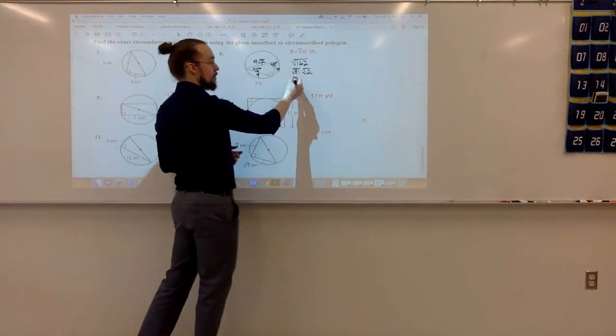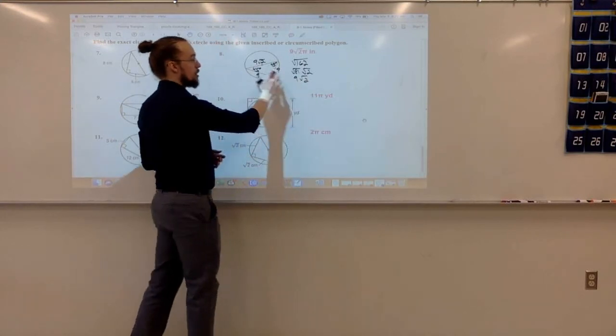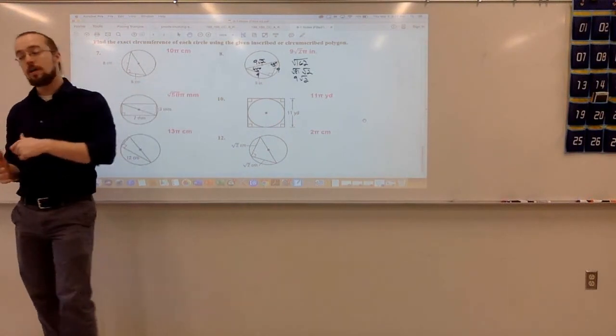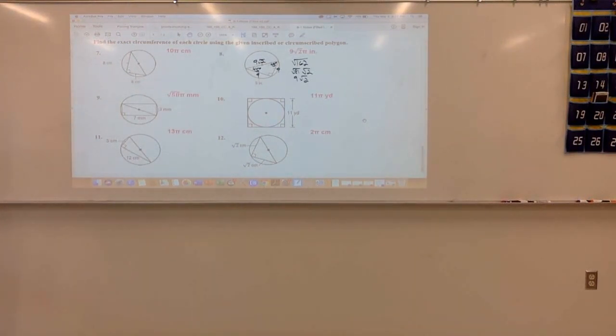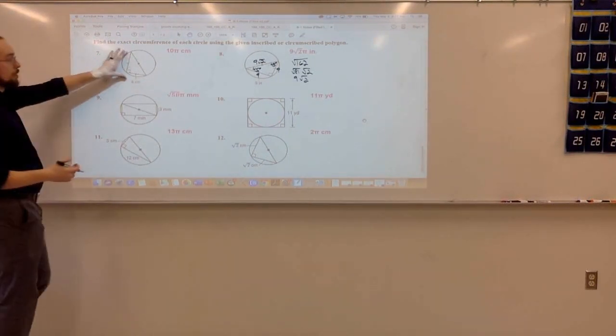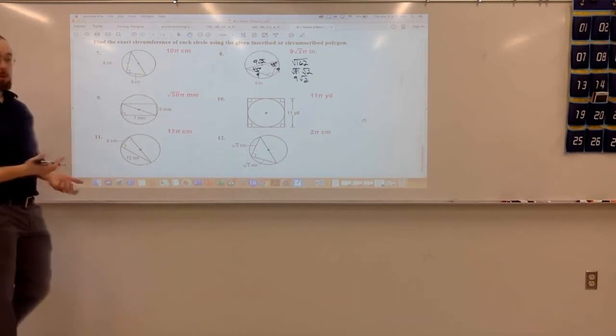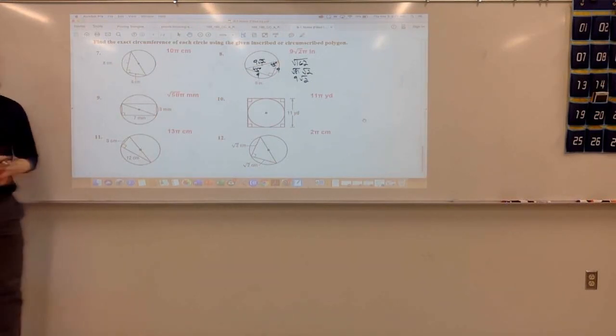And then the square root of 81 is 9. So we would get the same answer either way. But if you recognize that this is a 45, 45, 90, you can save yourself a little bit of work. Just like if you recognize this was a Pythagorean triple. But if you don't recognize that, it's okay. You can always use the Pythagorean theorem.